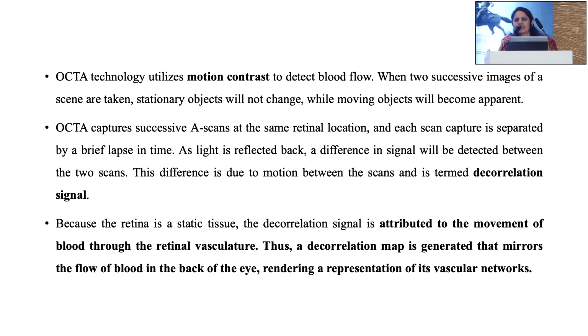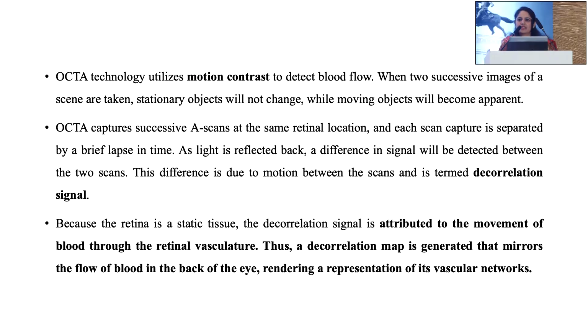So how is it different from OCT, or how is it an add-on to OCT? In OCT, a light beam is split into an exploratory arm and a reference arm, and the difference between the signals we get from the two is made into an A scan. What Octa works on is something called motion contrast.